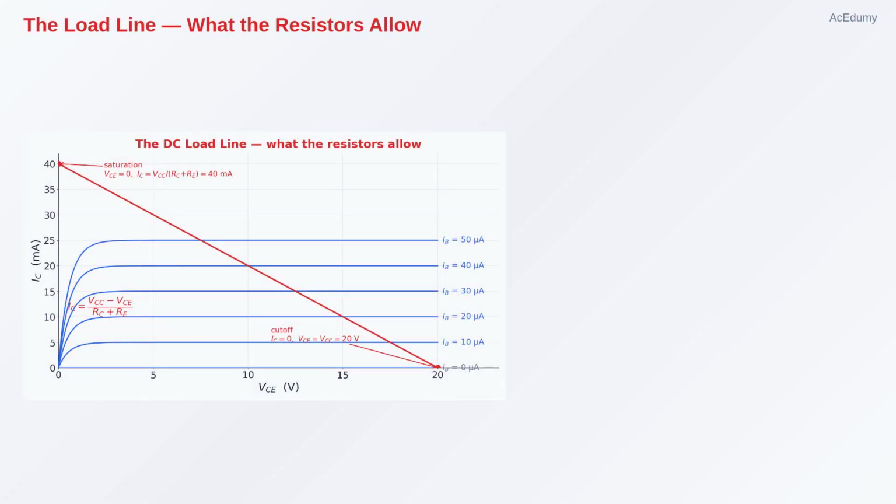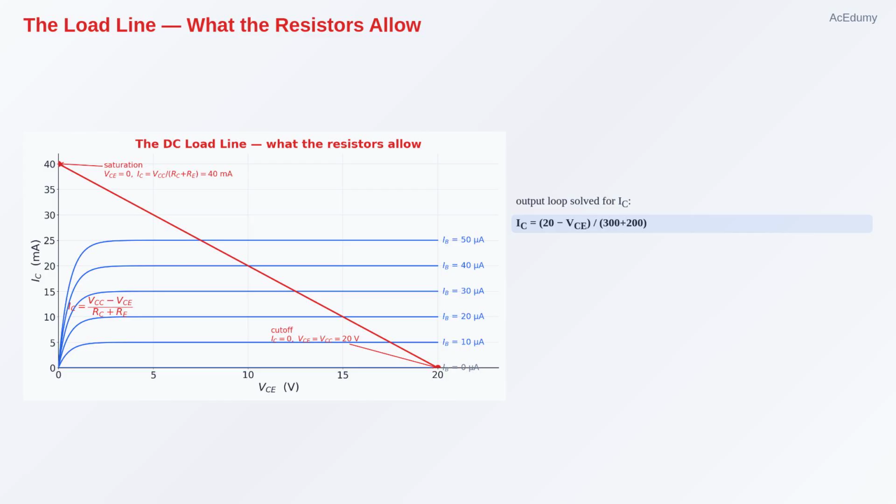Now let us see that same answer appear on the graph through the load line. Go back to the output loop, but this time solve it for the collector current as a function of the collector-emitter voltage. Rearranged, the collector current is the supply minus the collector-emitter voltage, all over the sum of the two resistors, 300 plus 200, which is 500 ohms.